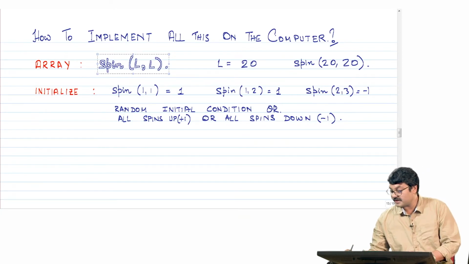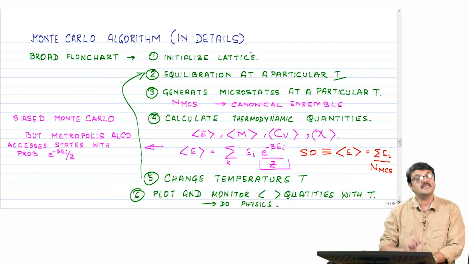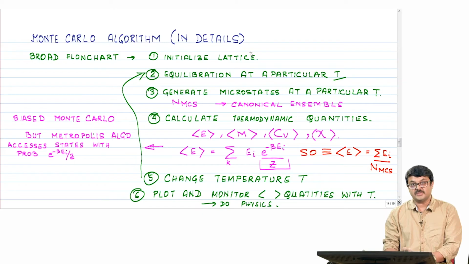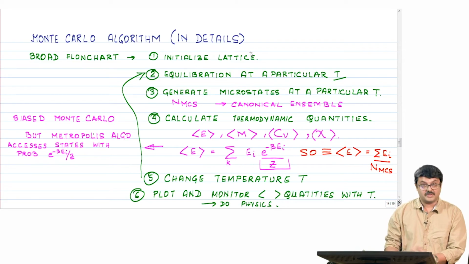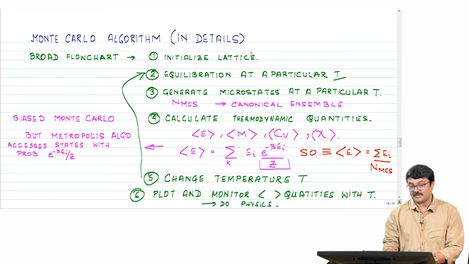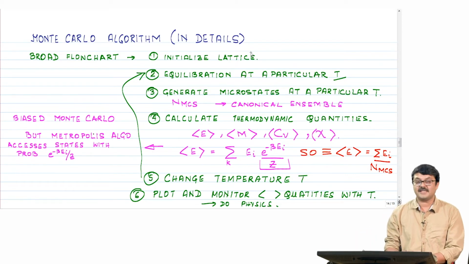What one has to do at the beginning is initialize the lattice, which means give values to the different elements of this array as +1 or -1, whatever way you want to initialize the lattice.